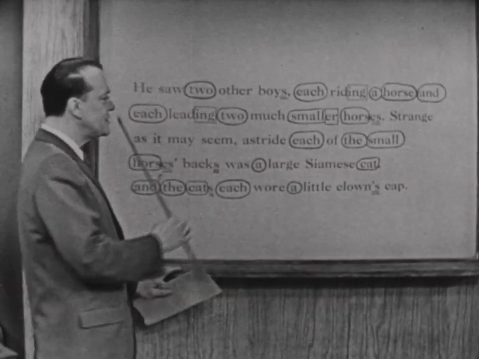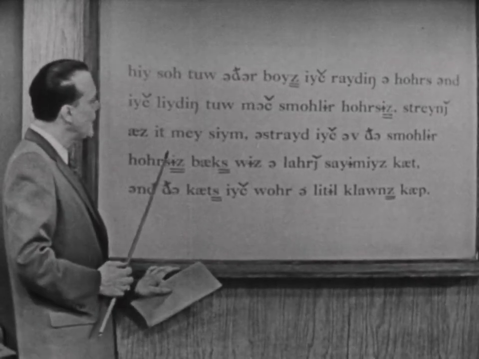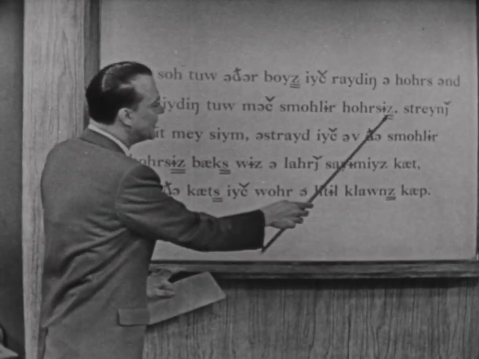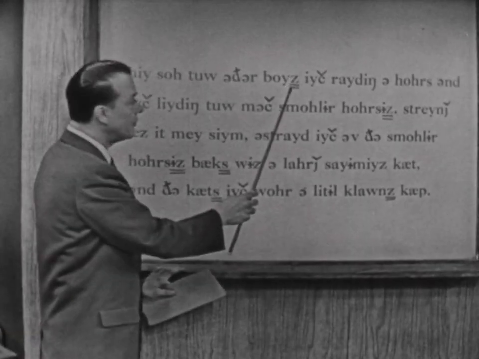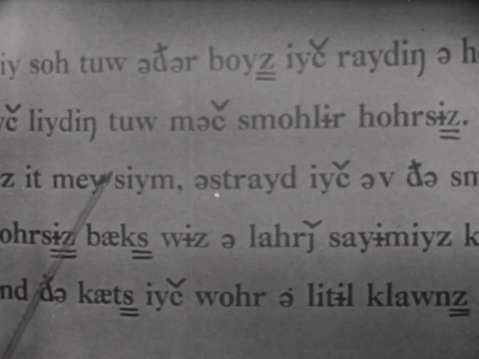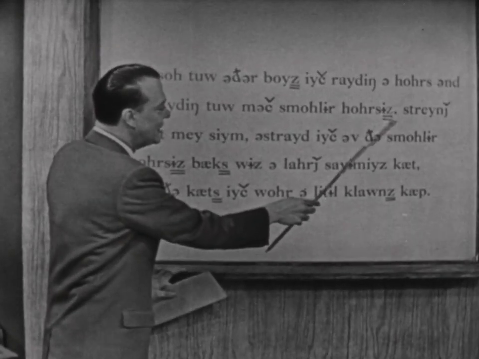Now I'm going to show you the same passage written in phonemics. Here is what it looks like in phonemics, and here again are these particular items I just called your attention to. He saw two other boys. Notice it's a Z as a phoneme, not an S, but a Z. Two other boys, each riding a horse, and each leading two much smaller horses. Barred-eye Z here.